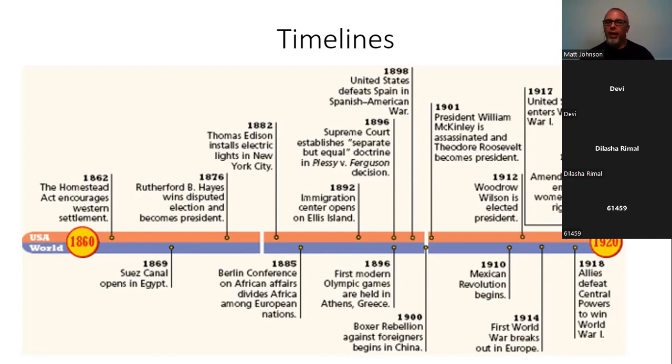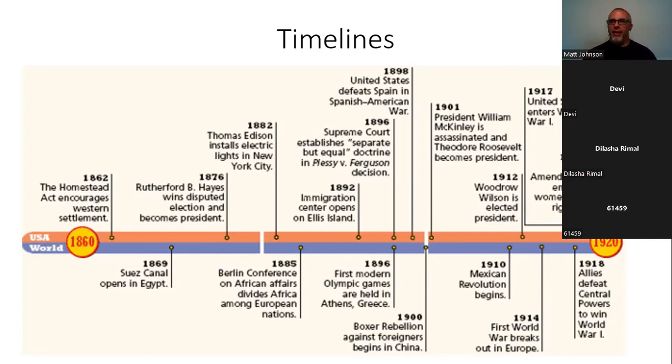Or, here's a good one, what event preceded the breakout of World War I? You would look right up above that, and it would be the election of Woodrow Wilson in 1912. That would be a really particular one.